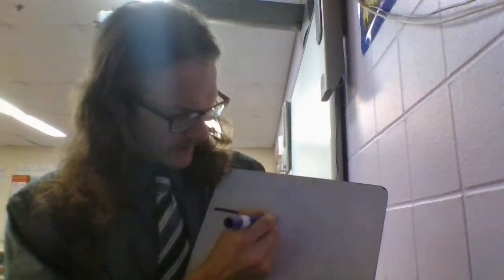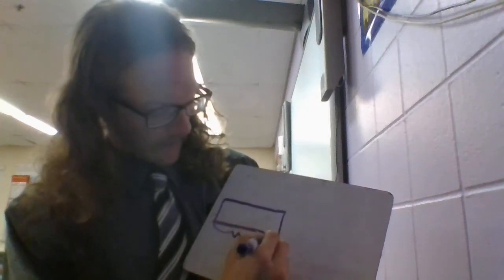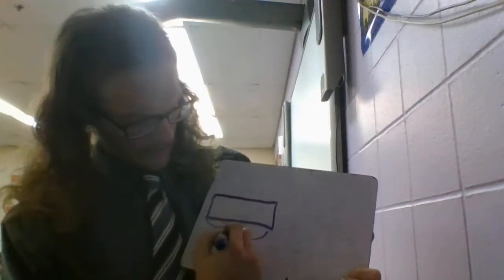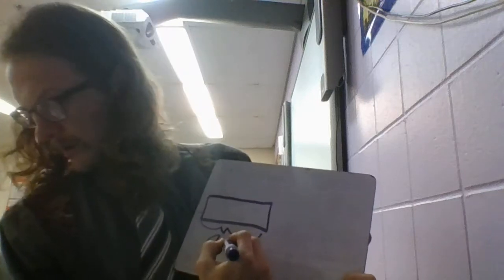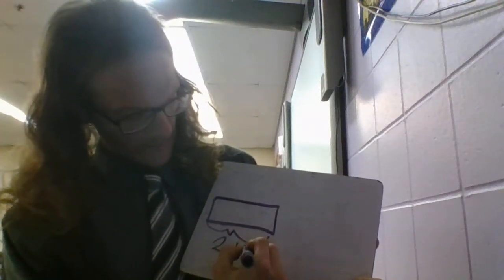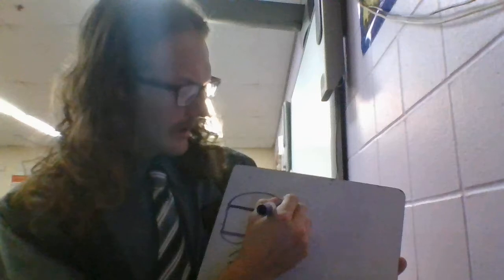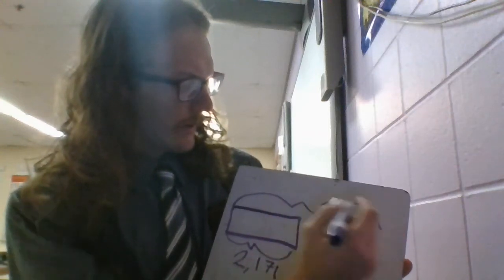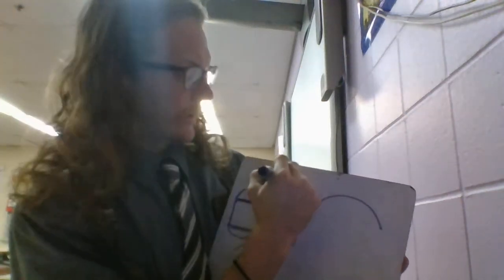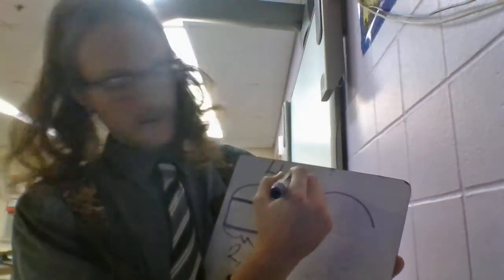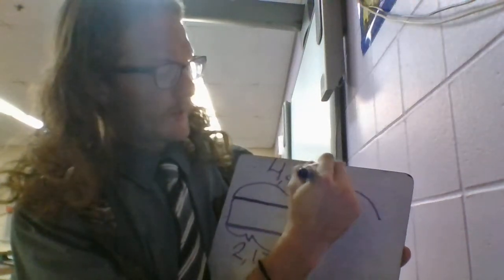To draw a tape diagram for subtraction, we need a box right here, a rectangle. And we know that this rectangle is 2,171. And we know that the whole thing equals 4,259.